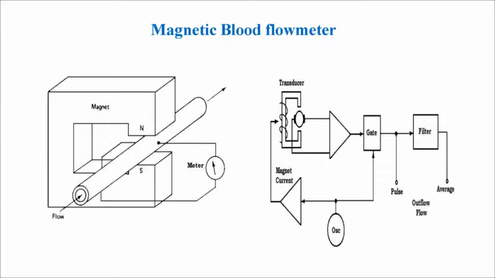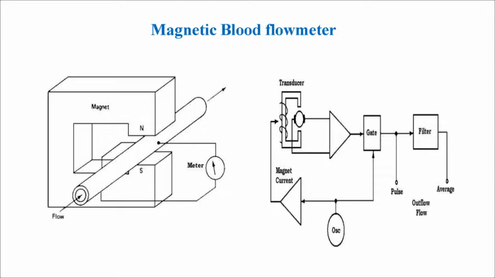It consists of an oscillator, a gate, and a filter. The oscillator is used to drive the gate terminal, and whenever pulses are produced by the gate terminal, the gate is responsible for indicating the direction of the blood flow. If the pulses are reversed, it means that the blood flows in the opposite direction.